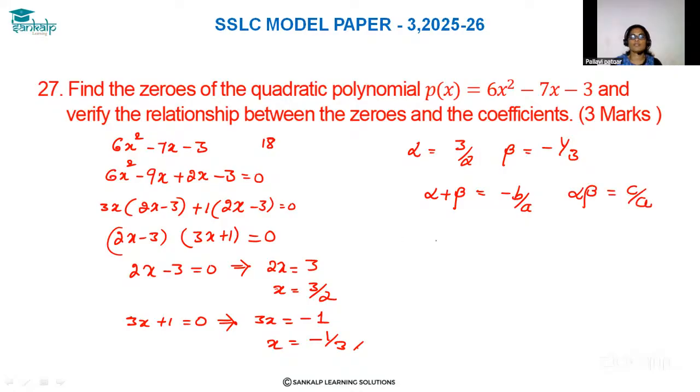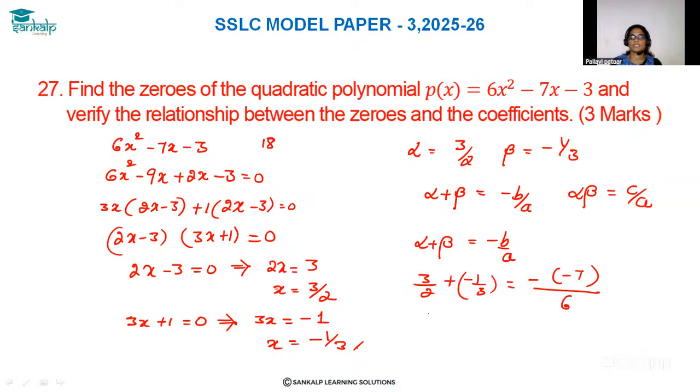Okay, so here first, sum of zeros alpha plus beta is equal to minus b by a. So here alpha is 3 by 2 plus beta is minus 1 by 3, is equal to minus b by a, where b is minus 7 and a is 6.